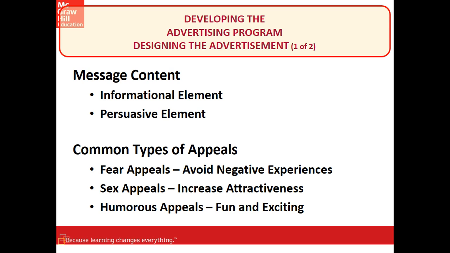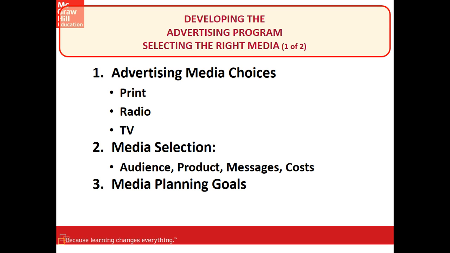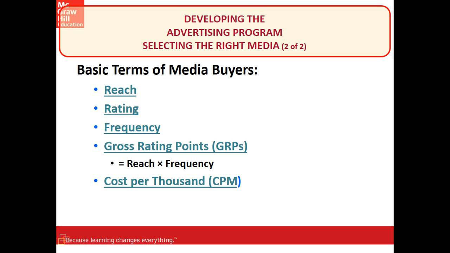Make sure you understand those. Then the choices of media for advertisement: print, radio, TV. And when you select your media, you need to consider audience, your product itself, your message, and the cost, and set your planning goals.